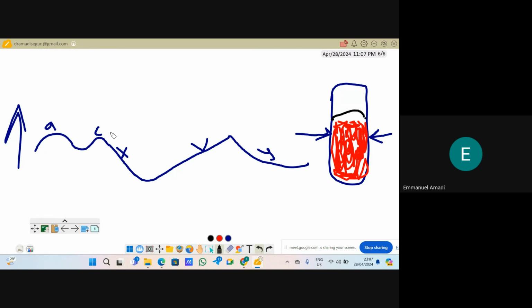That is what is causing this C wave. The C wave is during that isovolumetric contraction where you have both valves closed. The pressure in the ventricle causes the tricuspid valve to bulge into the right atrium. If it's the left side of the heart, the pressure in the left ventricle will cause the mitral valve to bulge into the left atrium.